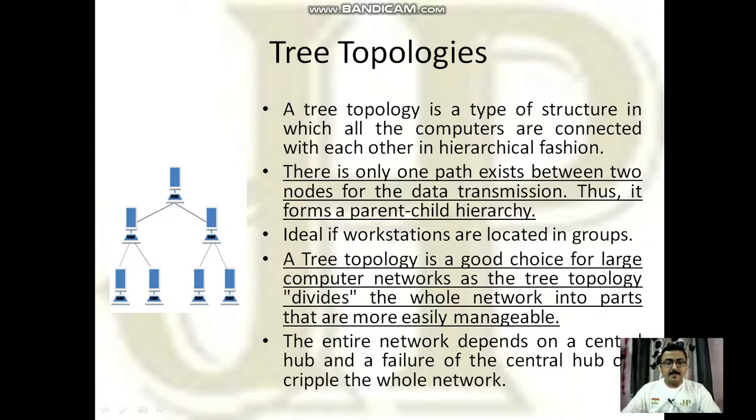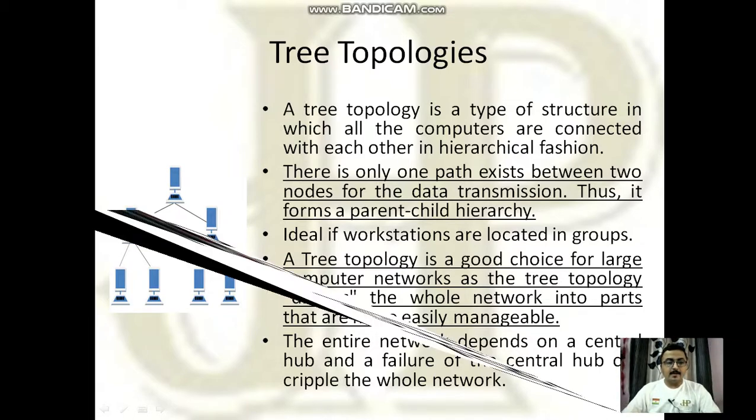But there is only one path between two nodes. If a root wants to communicate with this device, then there is only a single direction through which it can reach.